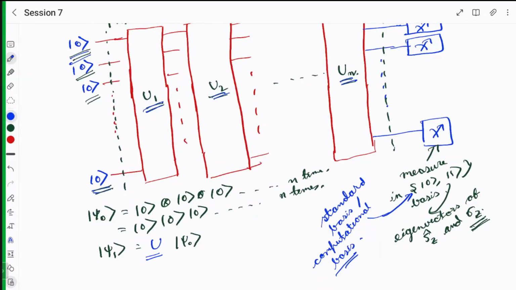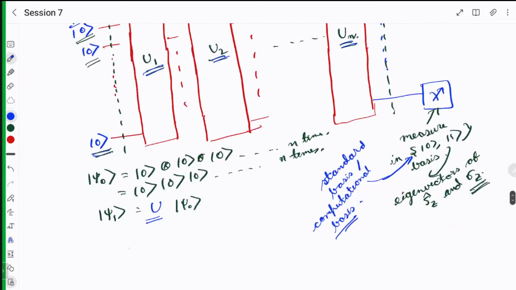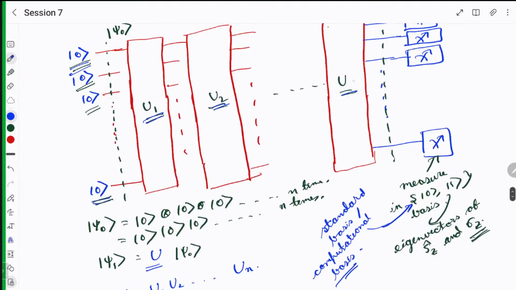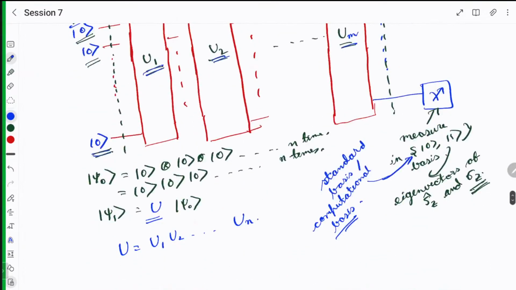Rajrupa says that it will be U1, U2 up to UN. Okay, let's say that it is UM, because n is the number of qubits that we have taken. So this is what Rajrupa says.